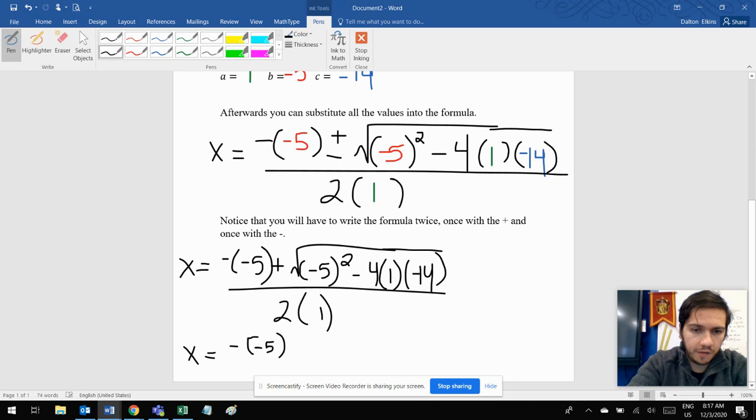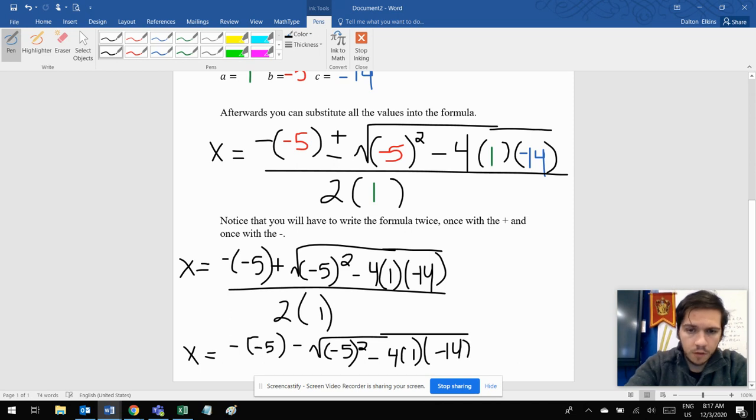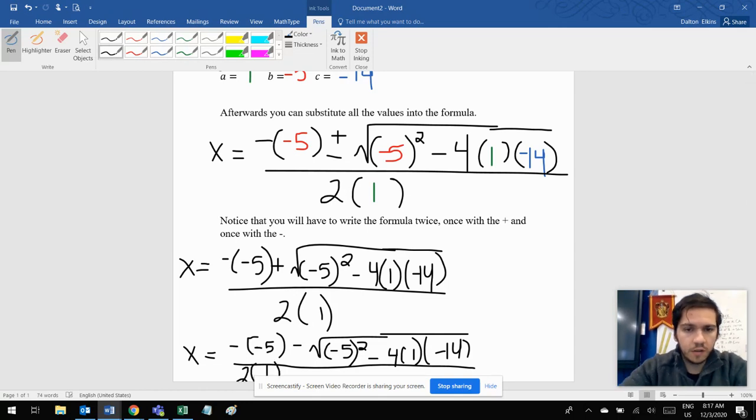That's one of the worst parentheses you've probably ever seen. You'll notice that the only difference between what I first wrote and what I wrote second is the plus right here and the minus right here.